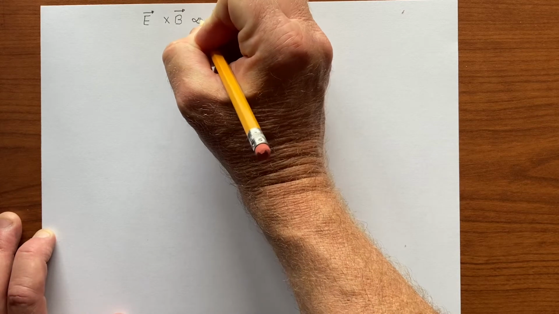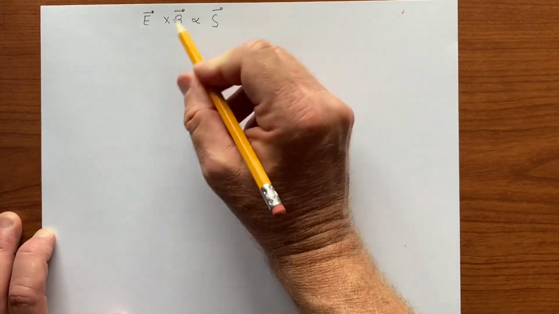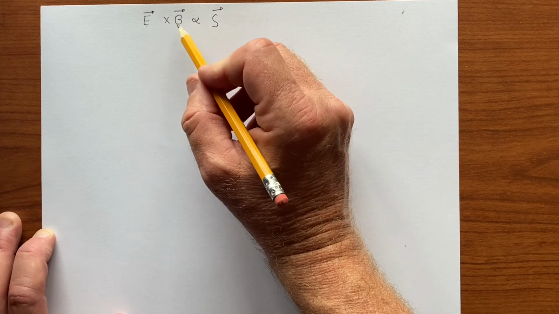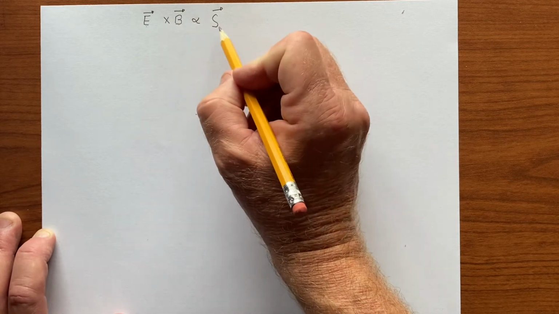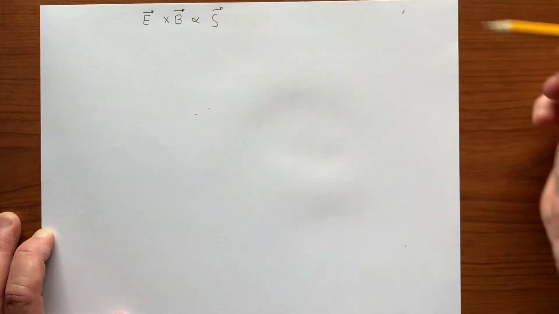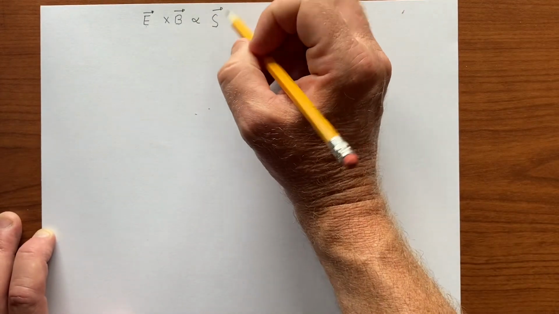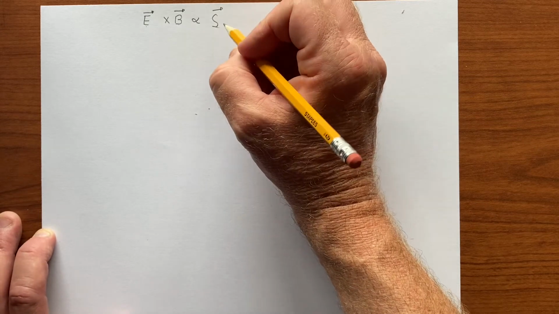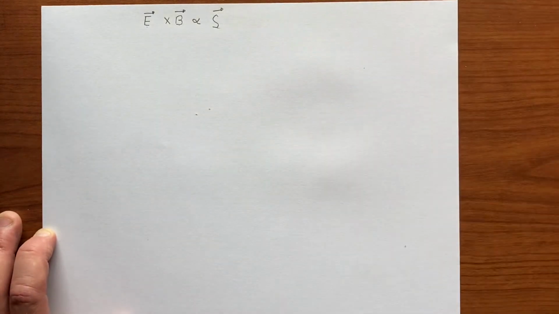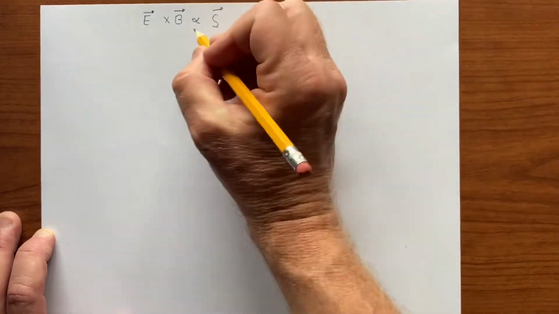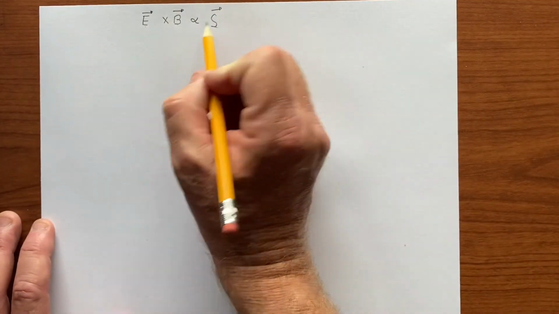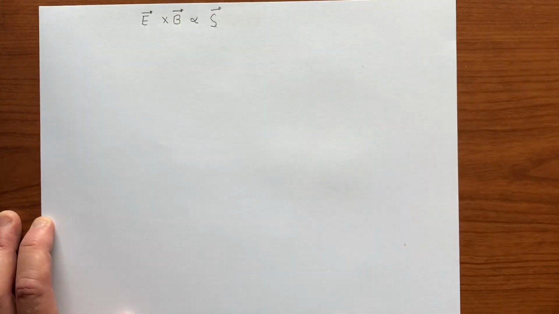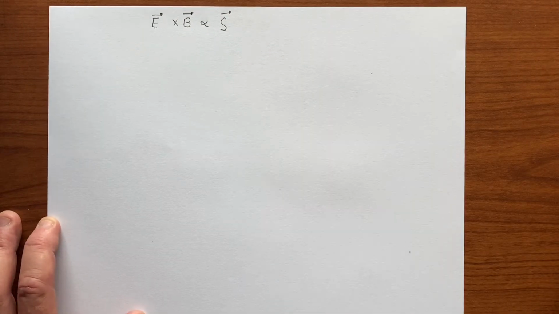So the cross product between the electric field and the magnetic field gives you a vector which is proportional to the vector whose direction is in the direction in which the wave is moving. So this right-hand rule gives you the direction in which the wave is traveling. So let's do some examples of this.